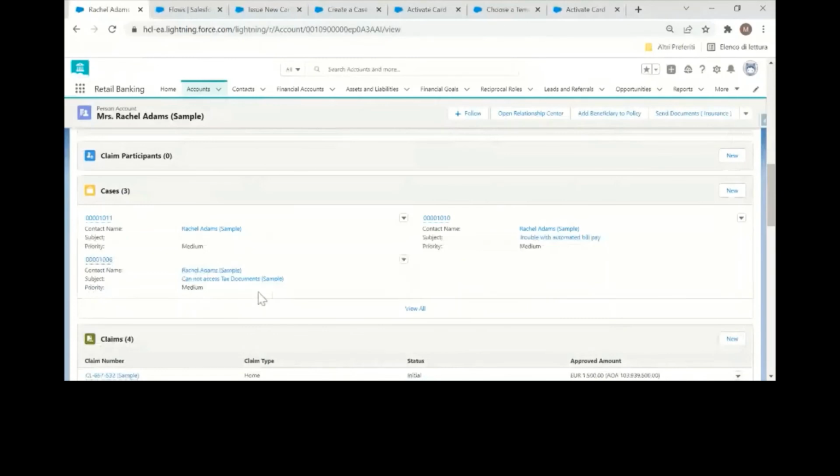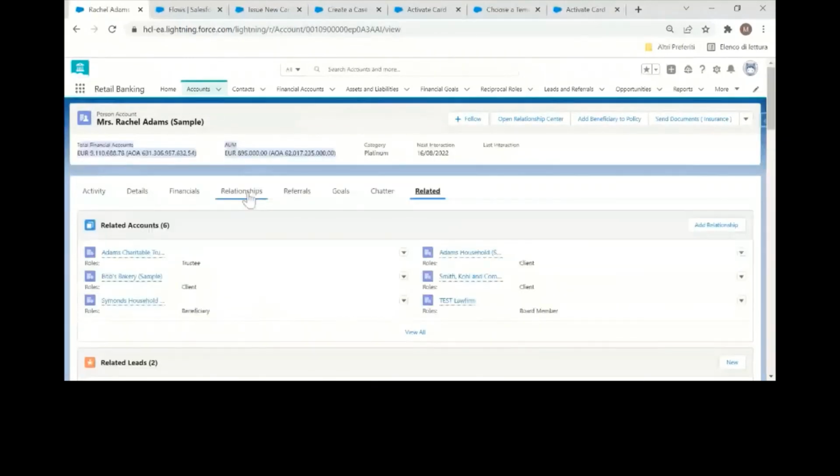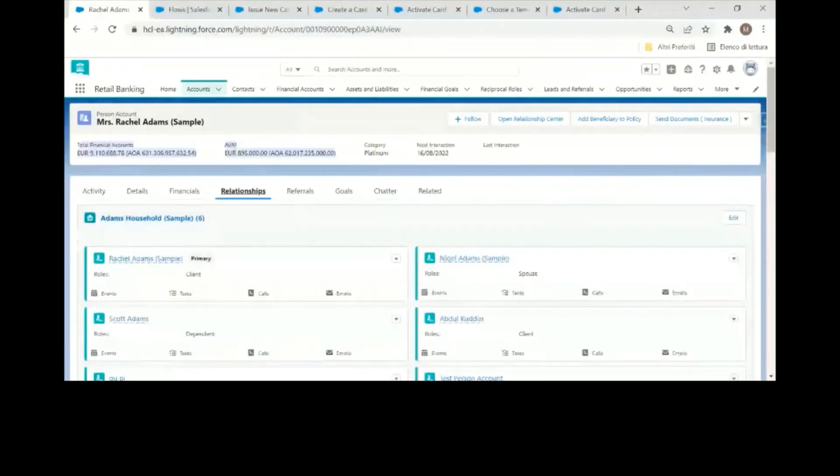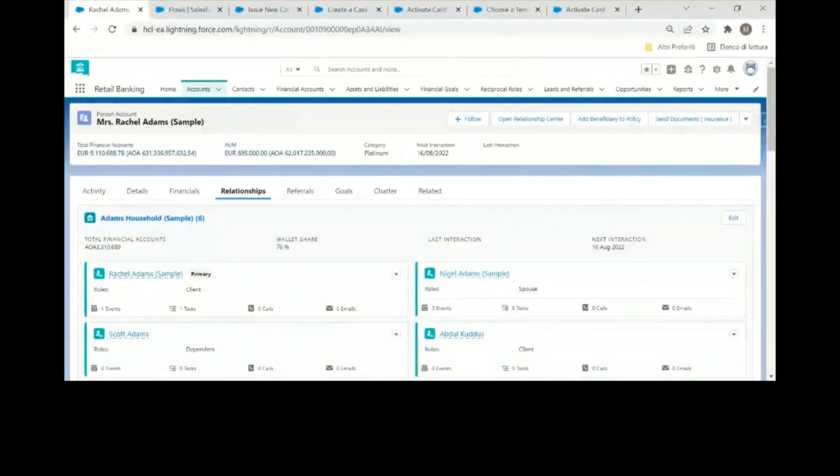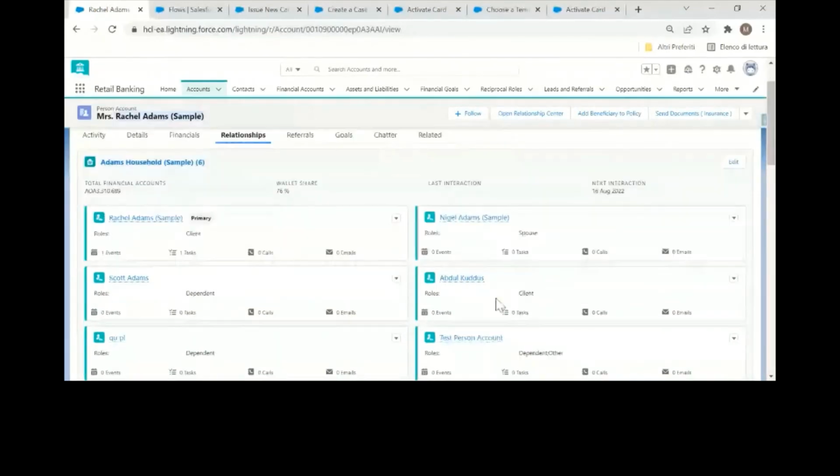Okay, the relationship we told at the beginning is what the relationship is and how this user relates to other individuals or other businesses.